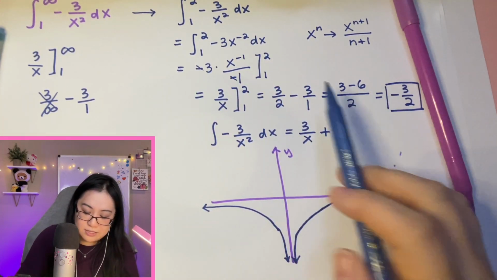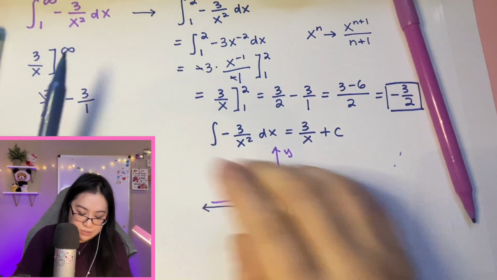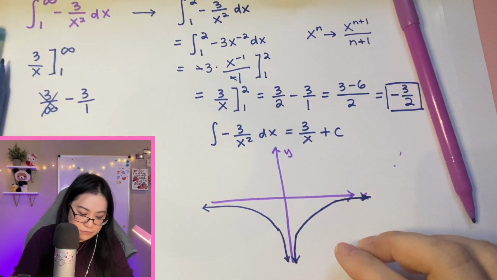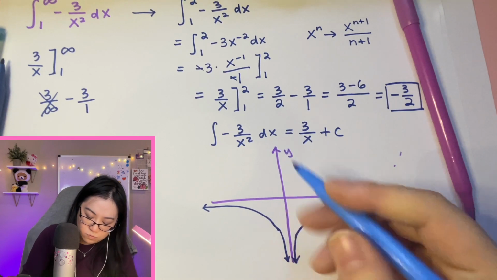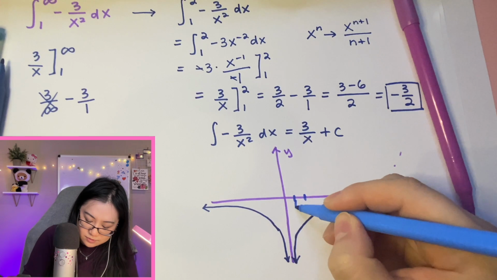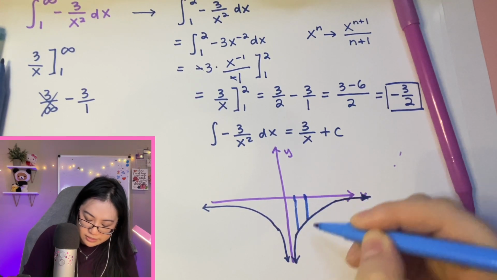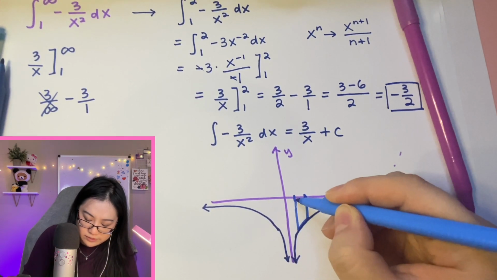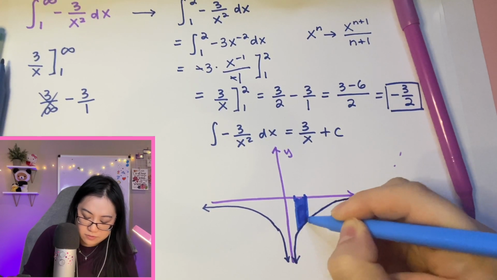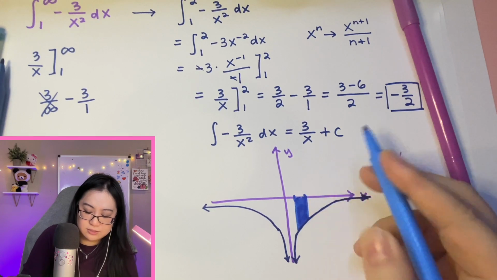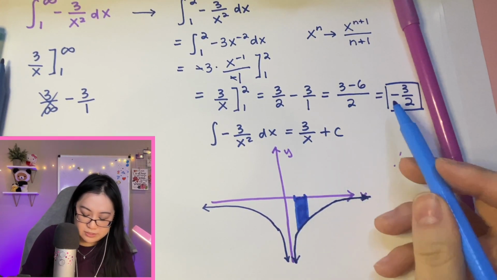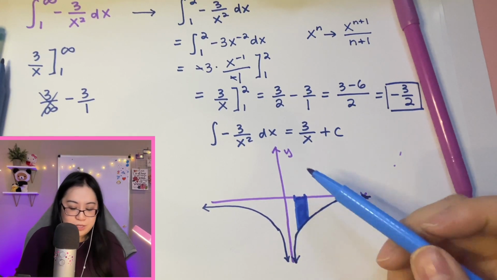So that means that from 1 to 2, again with no scale here, but hopefully you get the idea, then this area between my curve and the x-axis is all below the x-axis, so this is negative 3 over 2. So this area is 3 over 2, but it's negative because it's below.